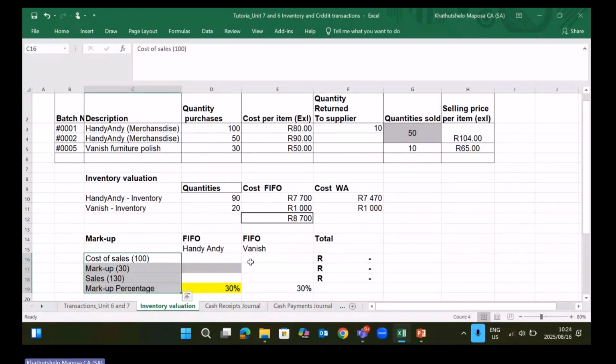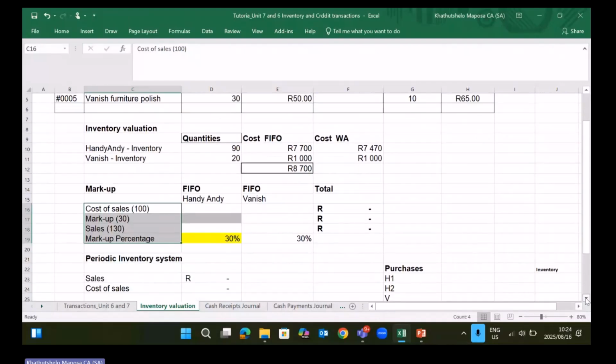The markup will be 30%, and the sales amount will be 130, because cost of sales plus markup becomes the selling price, which would be 130 as indicated there, and the markup percentage is 30%.